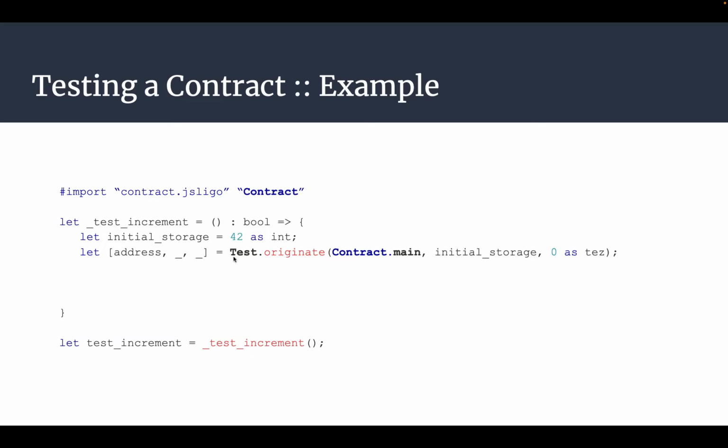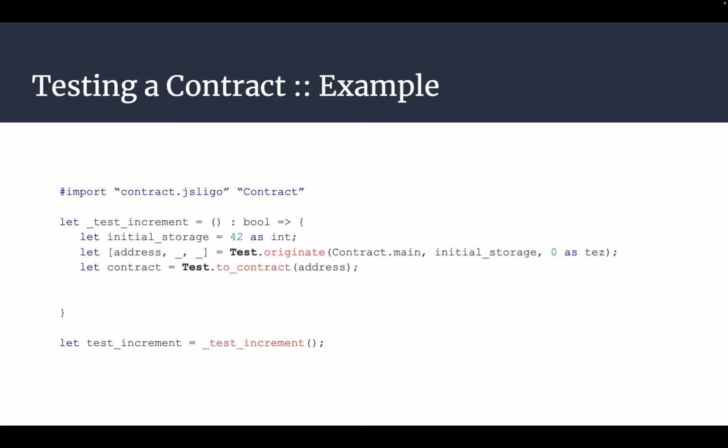So with the Test namespace, we can access a function which is called originate. Originate takes a contract.main, so it's the main entry of your contract, which is a function. You can specify the initial storage, and you can also specify the amount of the wallet, the balance which is linked to the contract. So here we set the balance to 0.